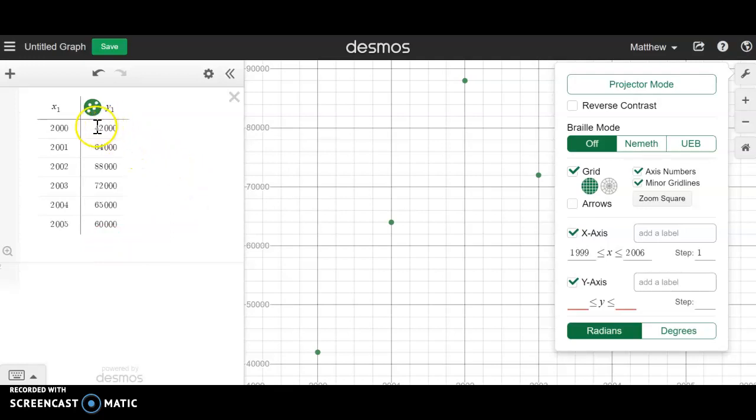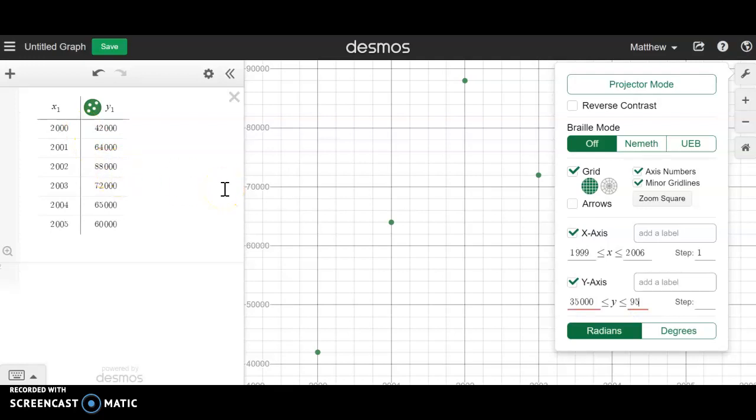So if we look at this, I got 42,000, 64, 88, and then it starts going down, 72, 65, 60. So my lowest value that I see is 42,000. So let's put like 35,000. We want to go a little bit below what it has. You could put 36, 37. The specifics don't matter.